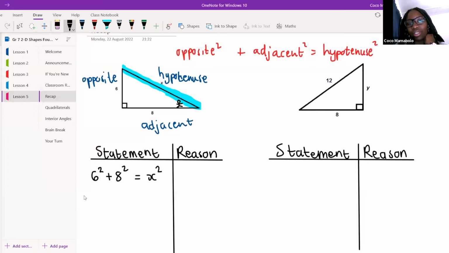Excellent. And what is my reason? Pythagoras? Yes, Pythagoras. You're absolutely right. Well done, Nelisa. I'm so glad you remembered. Excellent stuff. Amazing.